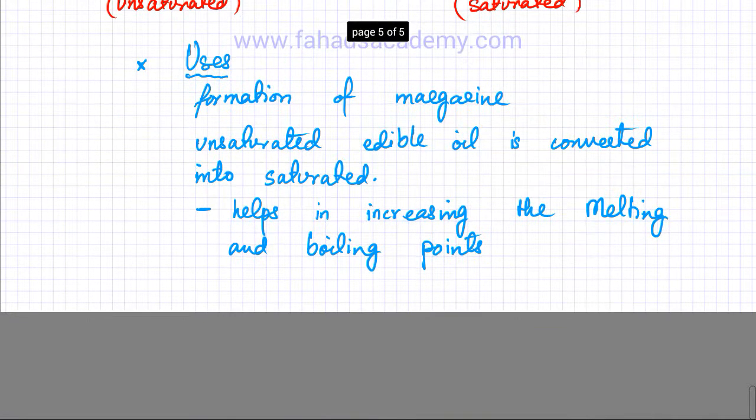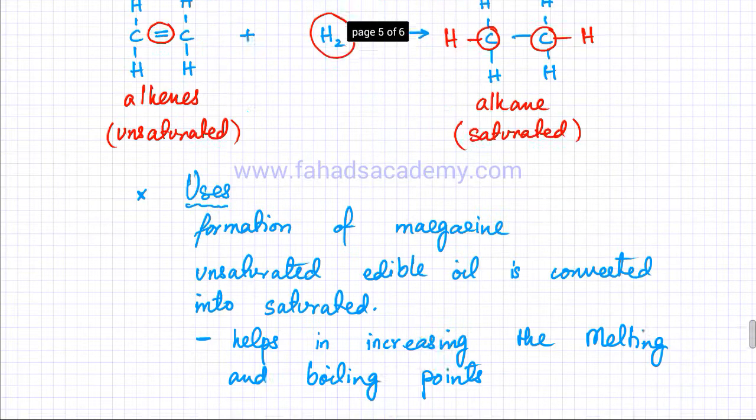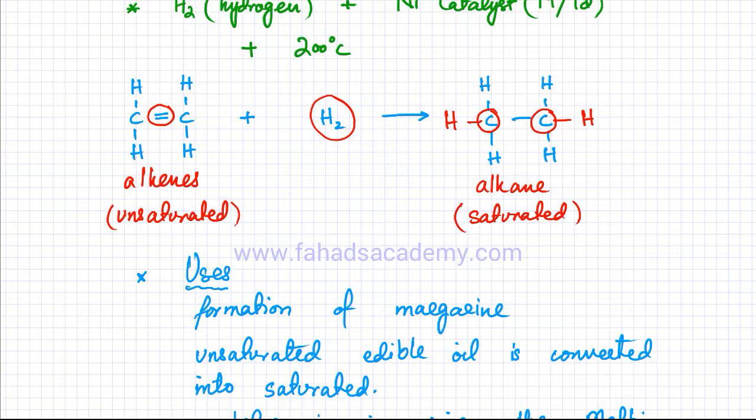And how are the melting and boiling points increased by performing this reaction? They increase because if you go back and have a look at the reaction, what is actually happening is that this ethene has a smaller MR. It's a smaller molecule.